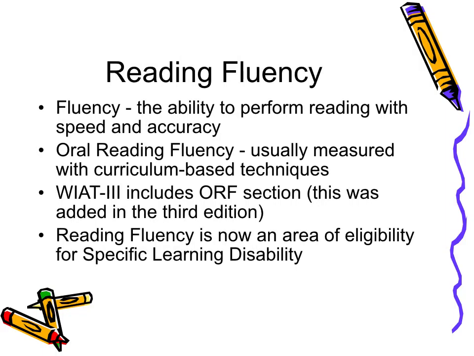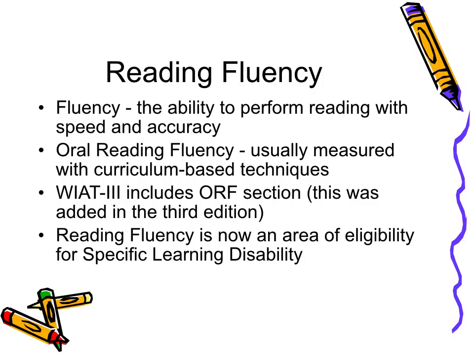When we assess reading fluency, we're looking at the student's ability to read with appropriate speed as well as accuracy. This is most often measured with curriculum-based techniques, but in some of the newer revisions, like the new Wyatt and the new KTEA, they include a subtest that also measures oral reading fluency. It used to be that we would only evaluate fluency with a curriculum-based or locally developed assessment.